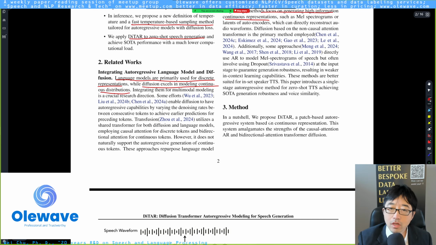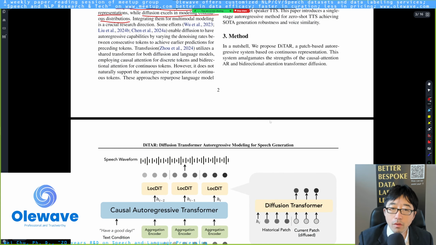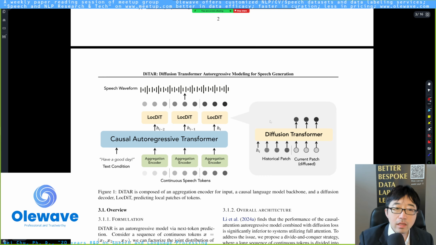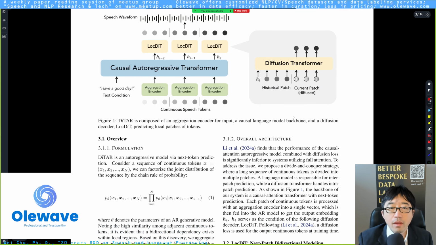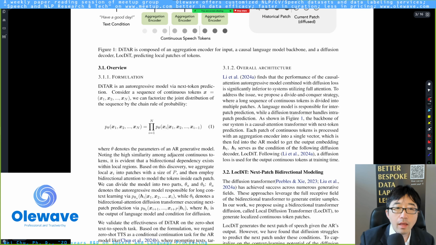Okay, let's jump to the method. Maybe most of you are interested in network architectures. I would say it's now very straightforward. First of all, they introduce the conceptual initiative of why they pick DiTAR, or how the formulation in general works.